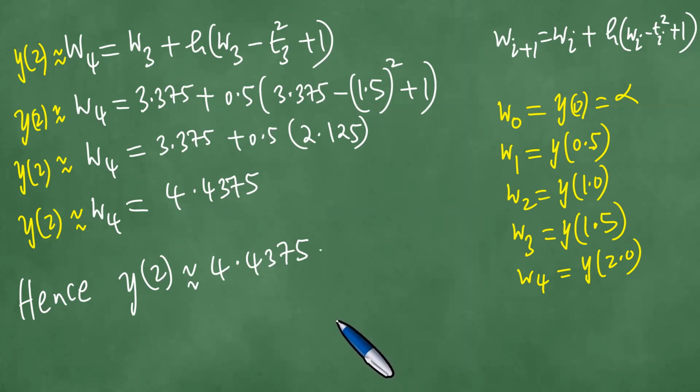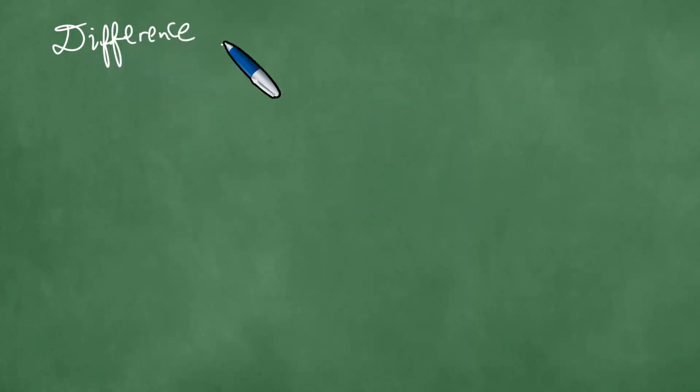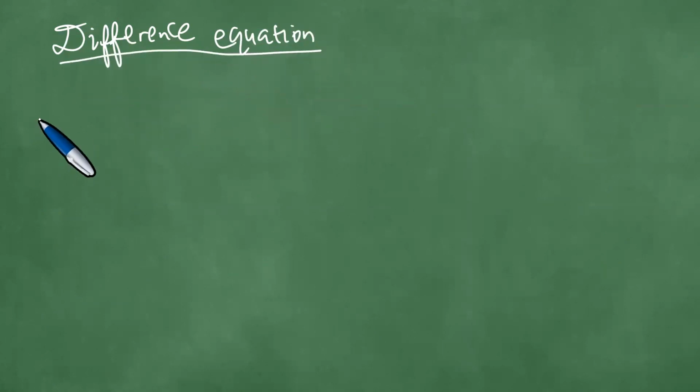Right, and now I want to give a comment. There's something we call the difference equation. Let me speak about the difference equation, just some terminology in relation to Euler's method. What is the difference equation?